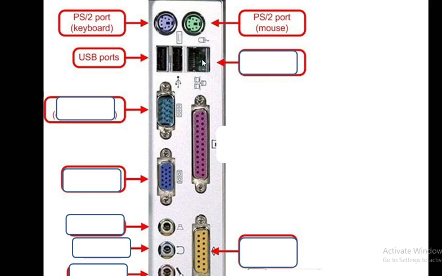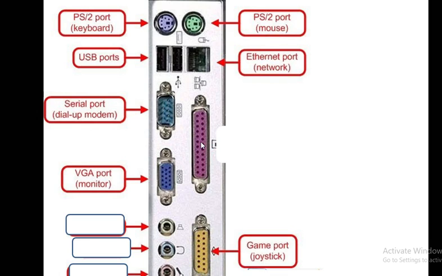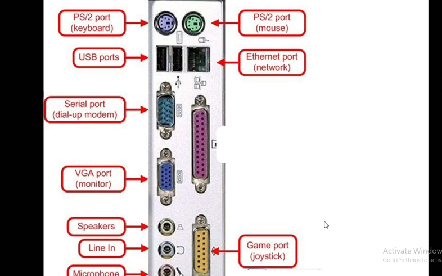This one is the Ethernet port, right? And what about this serial or parallel? Serial port. This one is the VGA port to connect projectors. This one is the parallel port. Okay, and this is the game port. These all are speakers, headphone, microphone. I hope you understood these ports, right?